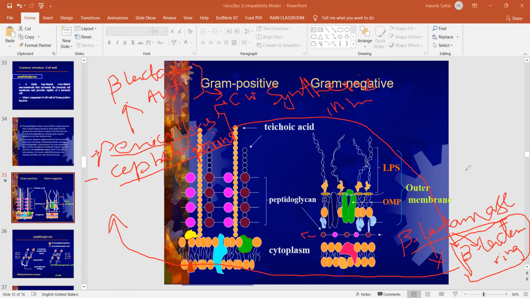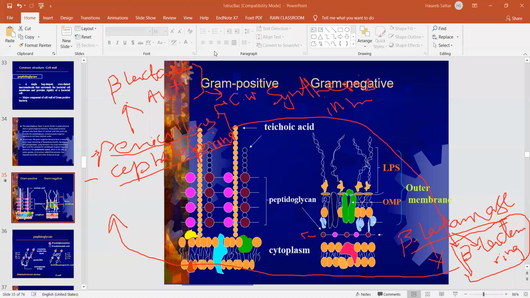That is why gram negative bacteria, not gram positive, because there is no periplasmic space, produce this enzyme. Only gram negative bacteria have the ability to produce beta lactamase, which degrades these drugs. That is why it is very difficult to treat gram negative infections. Very difficult.